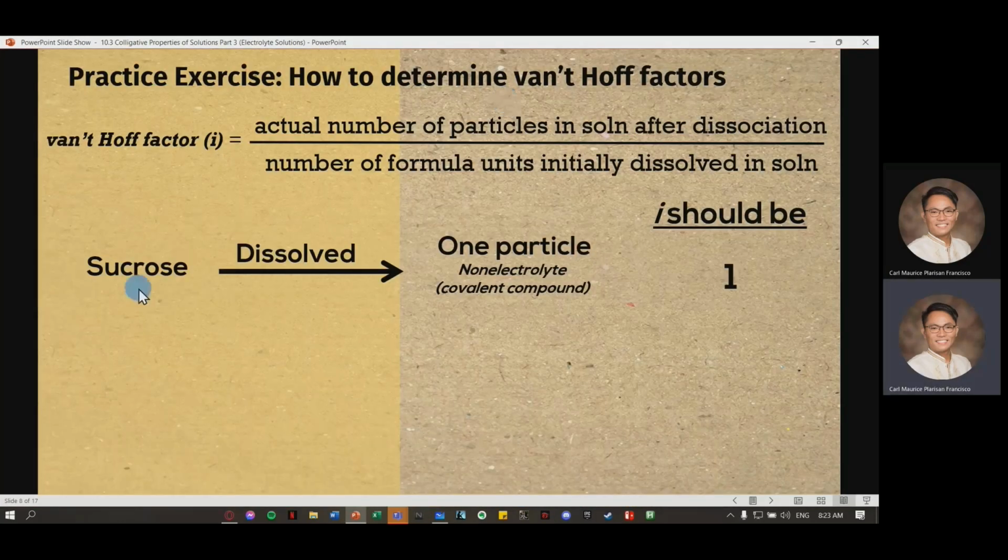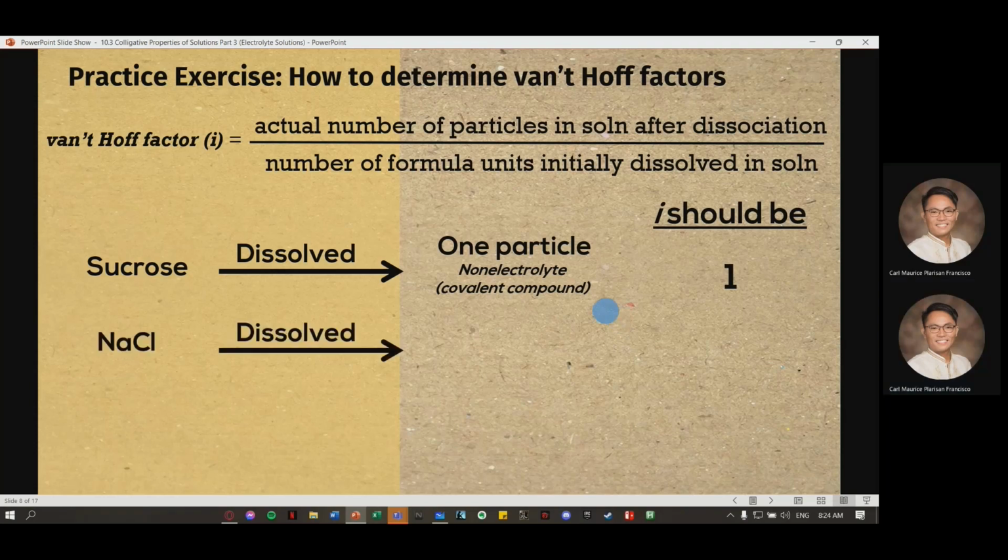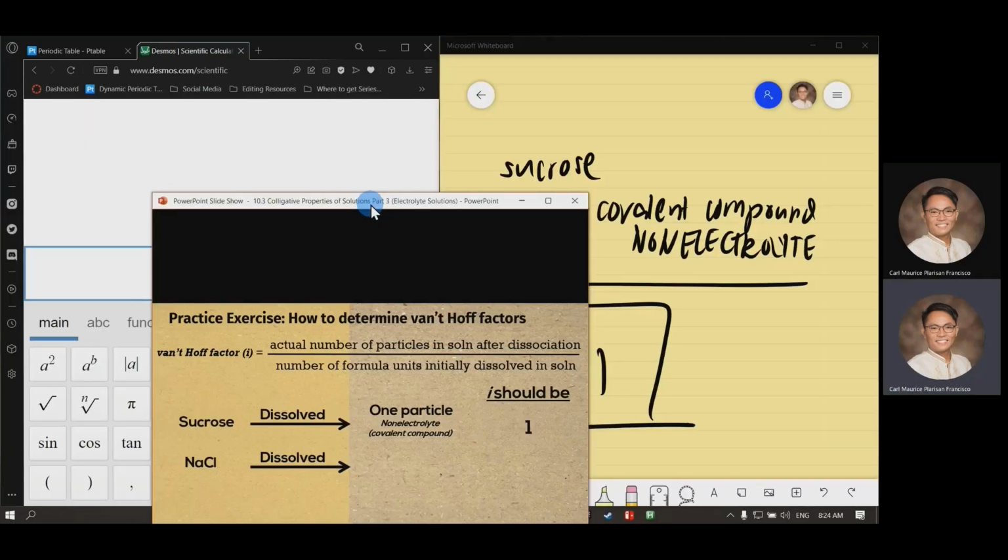Ayan. Sucrose is an example of a non-electrolyte covalent compound. Remember, ang Van't Hoff factor ng mga covalent or non-electrolyte compounds ay laging 1. Okay, so ang Van't Hoff factor for sucrose, since this is a non-electrolyte compound or covalent compound, should be 1. Okay, so we are just applying the rule for non-electrolyte. Okay, now what about NaCl?